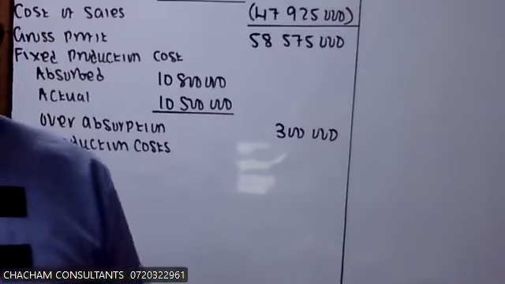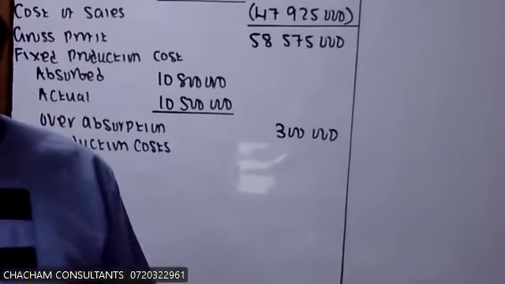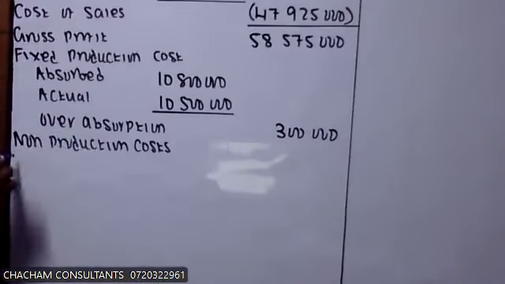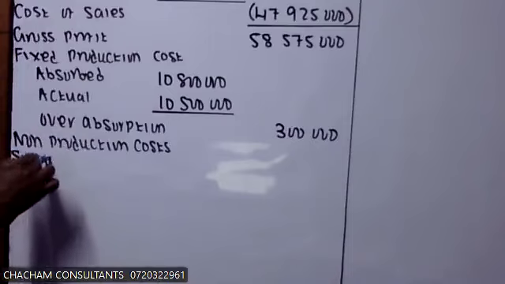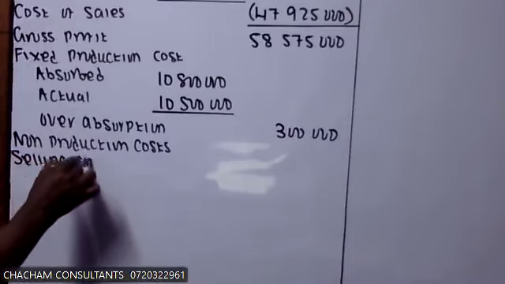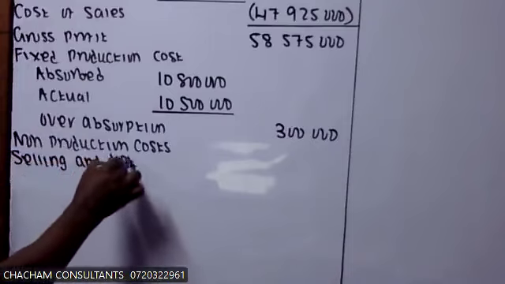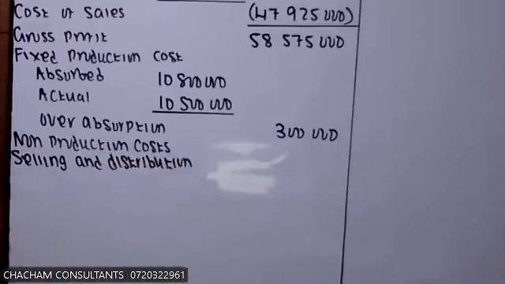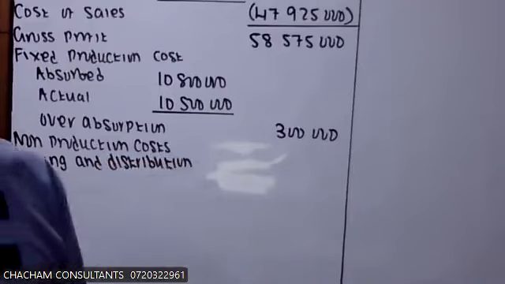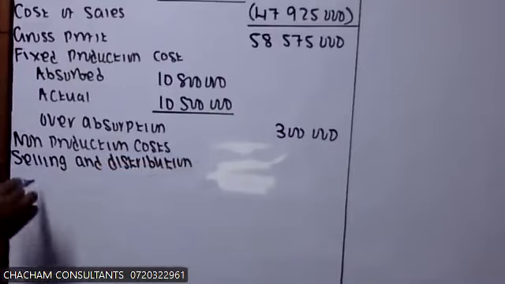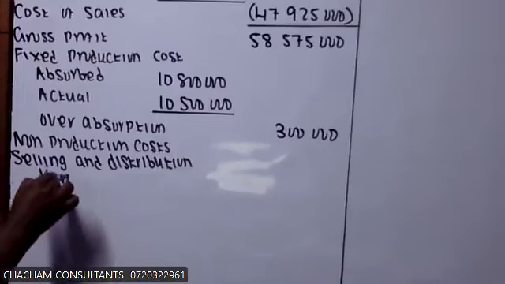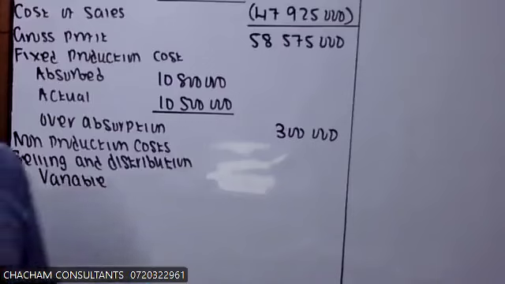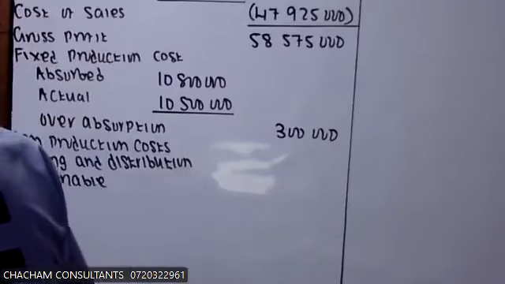The non-production costs we can see at information 1, we have the selling and distribution. And this selling and distribution is divided into 2. There is the variable, and variable is 10% of sales.